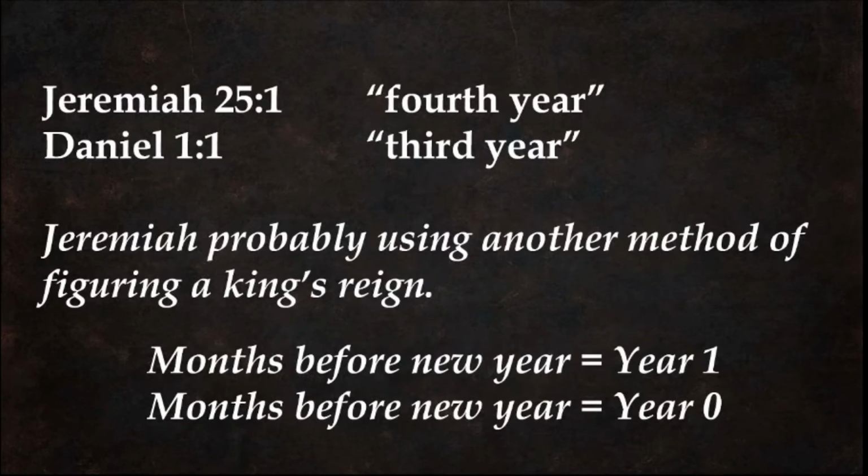Because there are 2 different calendar systems in the Old Testament for when a king takes the throne. Do you count the months leading up to the new year? You know, it might be 11 months, it might be 10 months, it might be 5, it might be 3. Do you count those as his first year? Or do you not count those as his first year? Is his first year the full year?